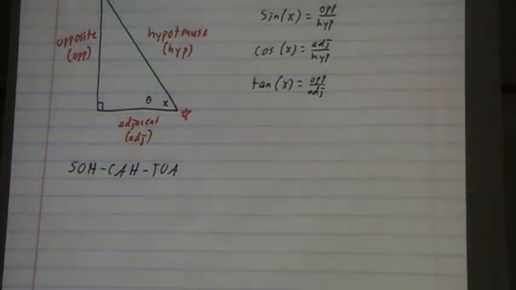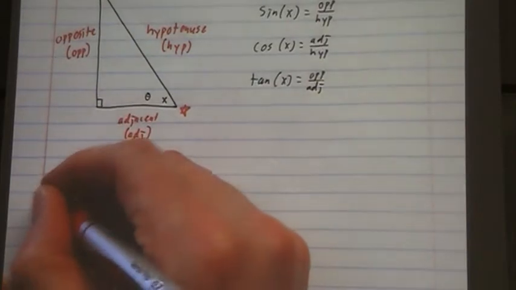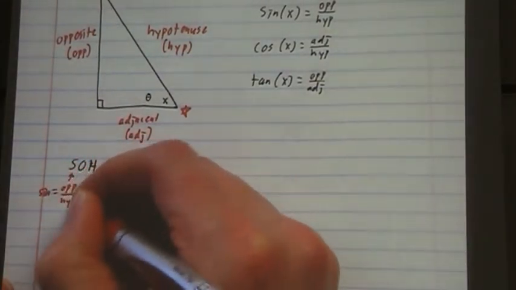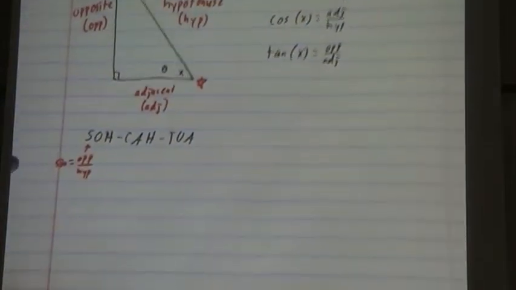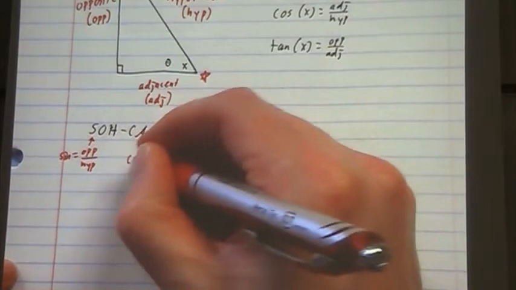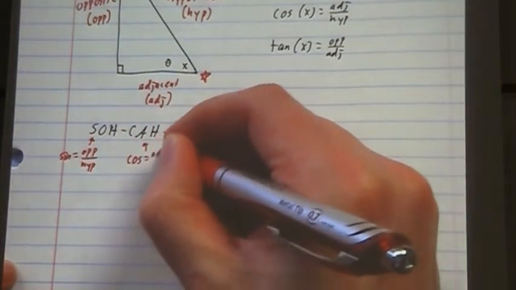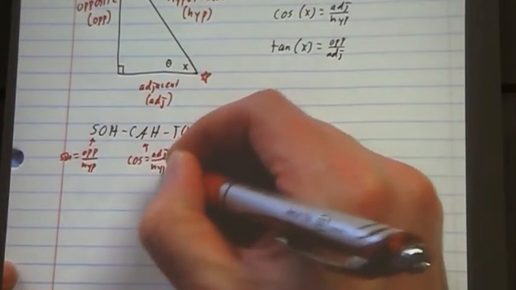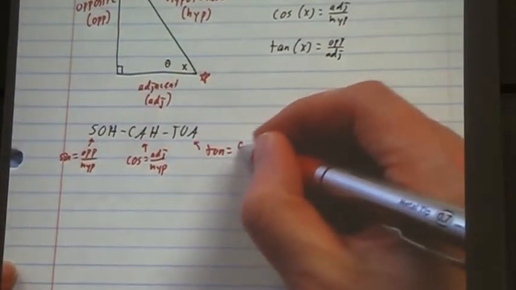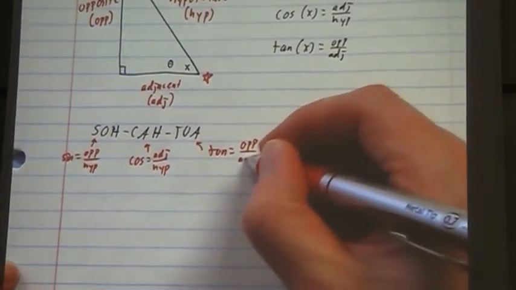What it stands for is: SOH, sine equals opposite over hypotenuse. CAH stands for cosine equals adjacent over hypotenuse. And TOA stands for tangent equals opposite over adjacent.